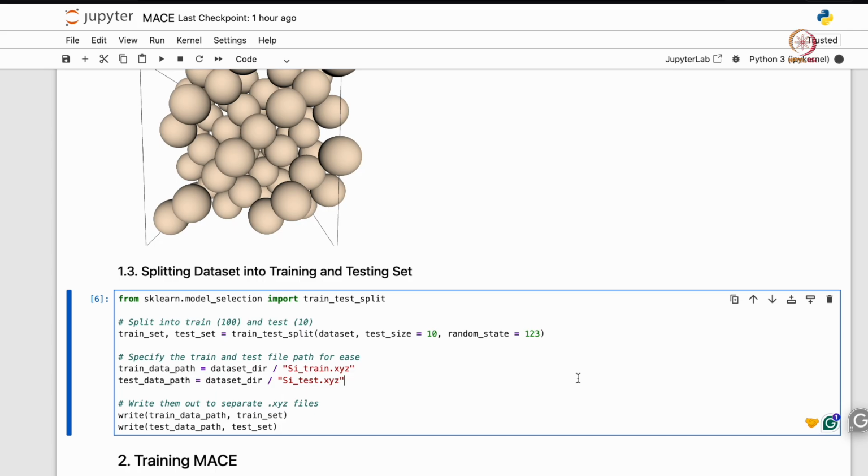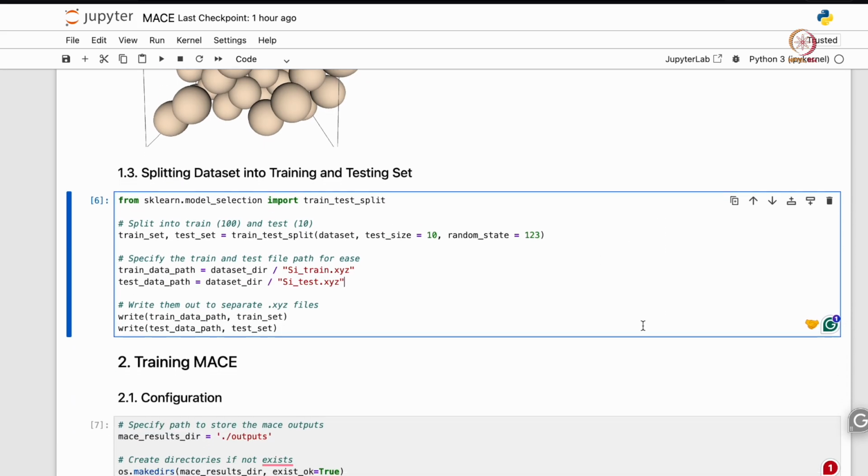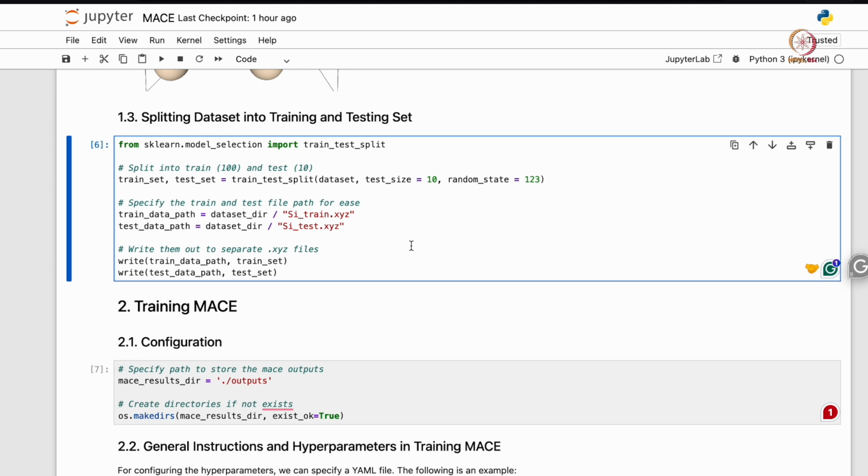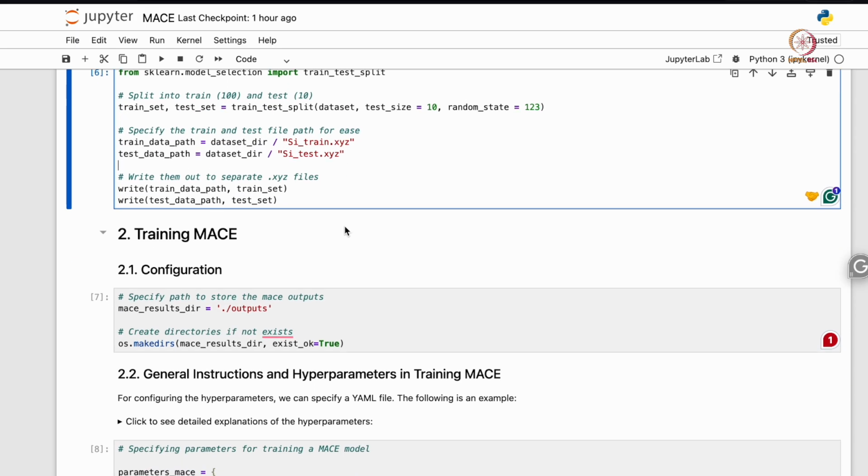What we are trying to learn using this framework of MACE is the relation between the configuration and energy of a given crystal structure. Once you have split the data set, you save the train data in the sitrain.xyz file and the test data in the sitest.xyz file.